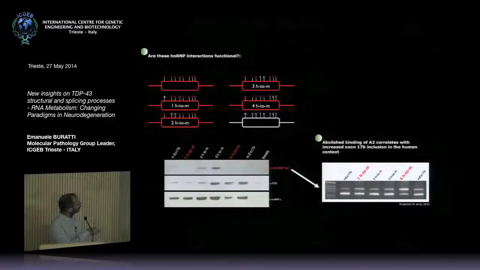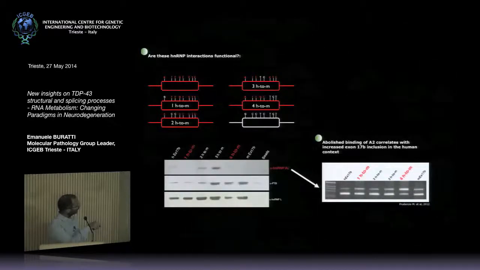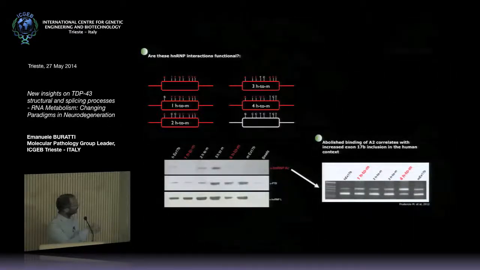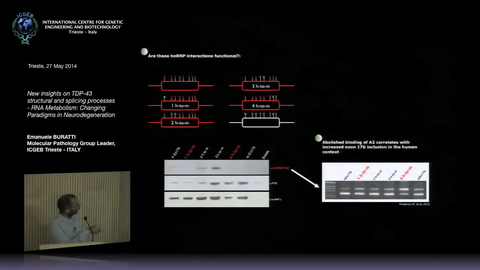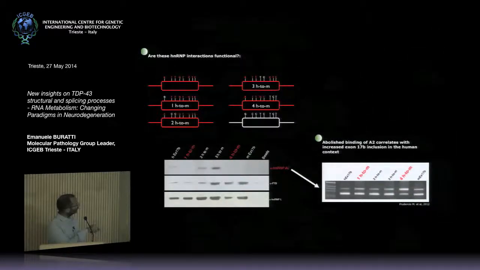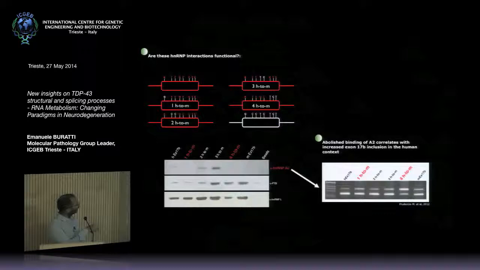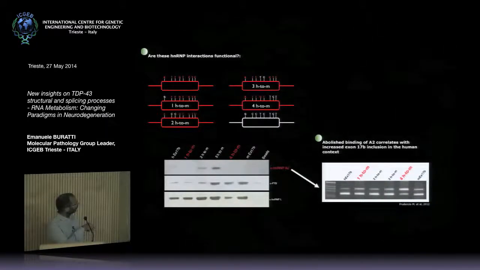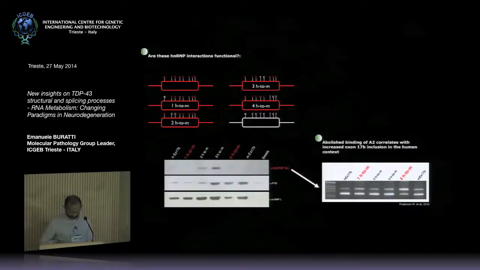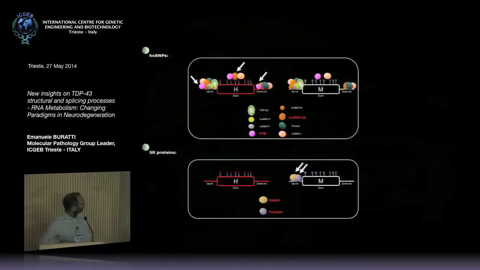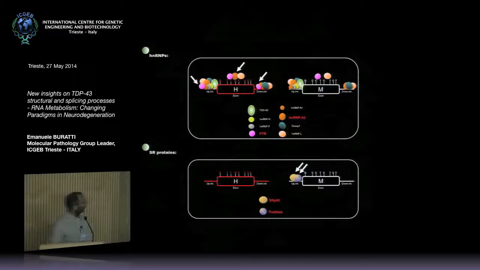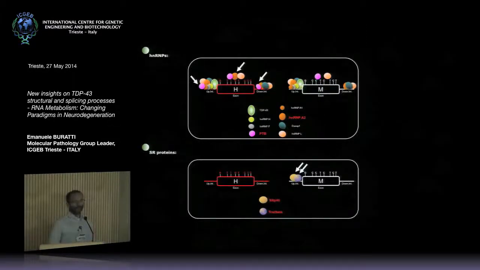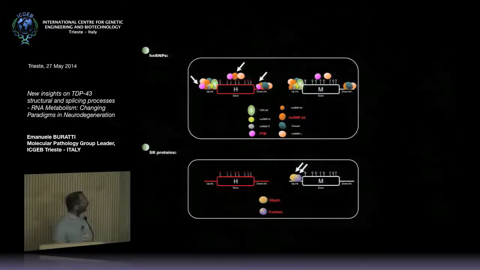But you don't have binding, of course, in mouse exon 17B, that is basically more efficiently included by the mutant, but the binding of HNRNPA2 to these two positions is actually almost completely abolished.